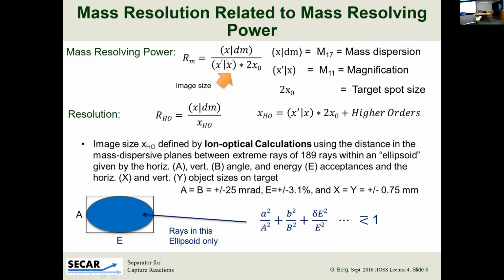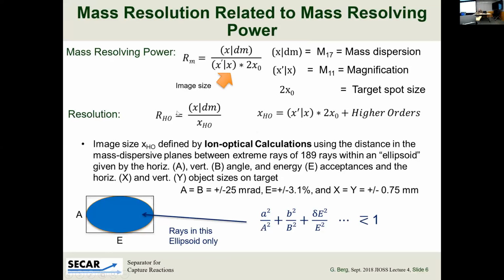This is for the momentum dispersion, the resolving power, a first order quantity. So this is the potential of the instrument which you get if you don't have any other interferences like the higher orders. And you will see SECAR will be limited by the higher orders, and these can actually be calculated as you have done in your hands-on sessions.